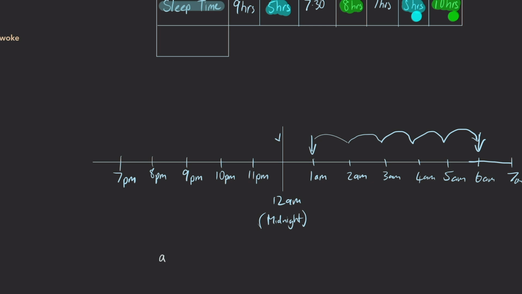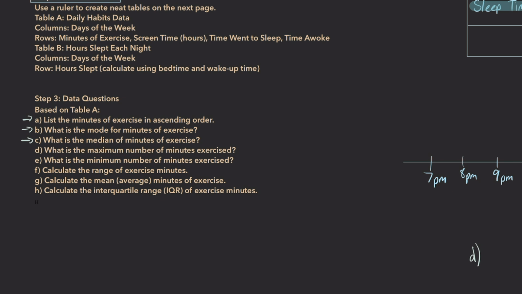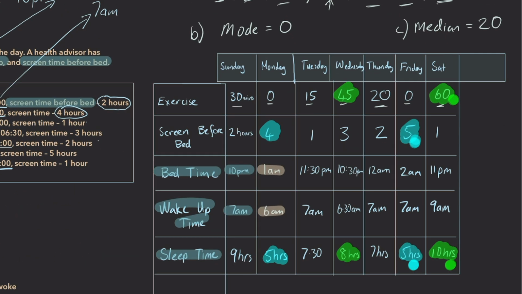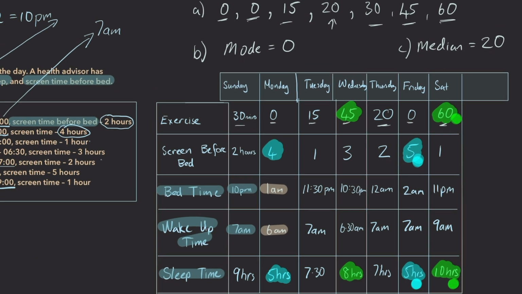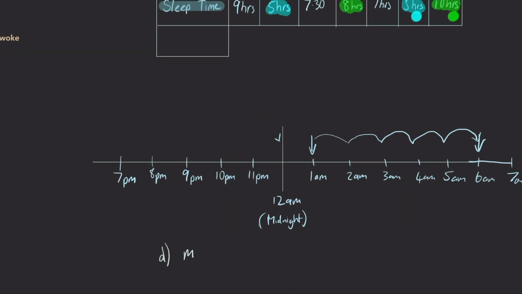And then we've got D. What did that ask us? That wants us to find the maximum number of minutes exercised. All right, so we're going to look for the biggest number. Our biggest number is going to be 60. So maximum is equal to 60 minutes.